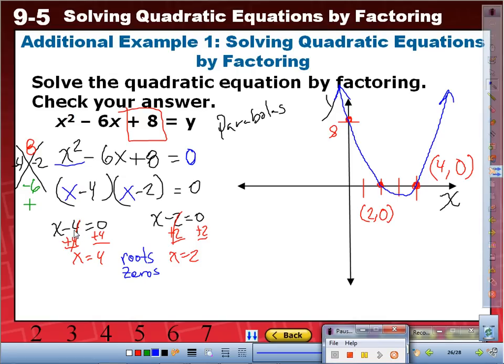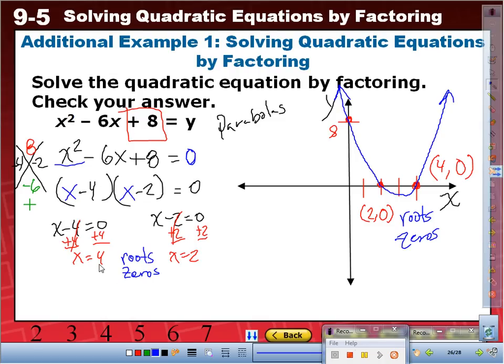And then we solve each equation. What are these called? They're called the roots or zeros. Okay? So make sure you remember that. Those are my roots or my zeros. And the last step, check. How do we check? We get each value, substitute it in here, and see if it gives us 0.